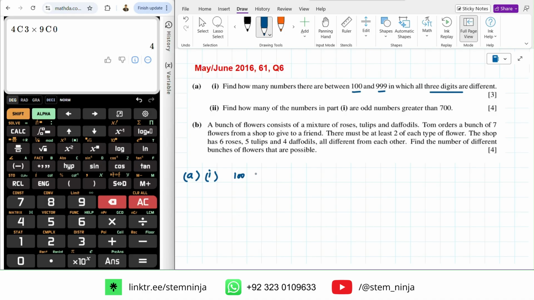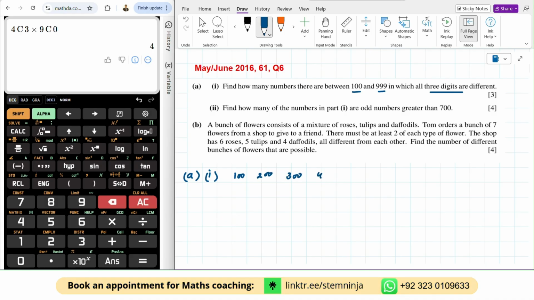Between 100 to 200, then 300, then 400, 500, 600, 700, 800, and 900, and then the last one is 999. So how many options do we have with the starting numbers? 1, 2, 3, 4, 5, 6, 7, 8, 9.